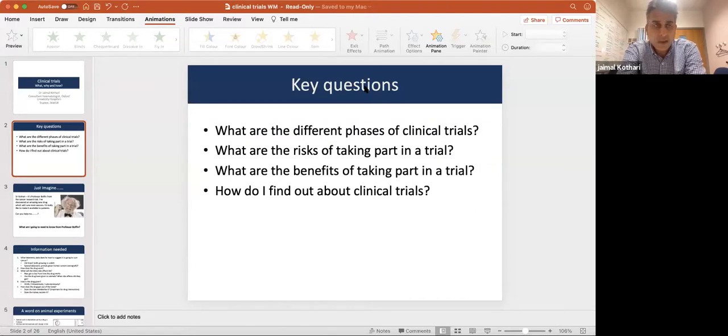And how do I find out, at whatever point in my WM journey I am at, if there is a clinical trial, whether it be a trial of new drugs or combinations of new drugs and old drugs? Are there other trials looking at different aspects of quality of life or supportive care or how to prevent infections? There can be many different types of trials that one can get involved in, and it's important to know where you can get that information from.